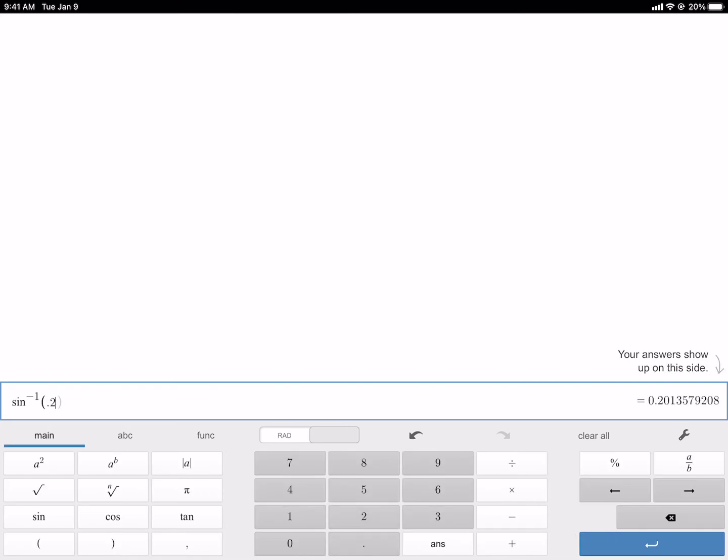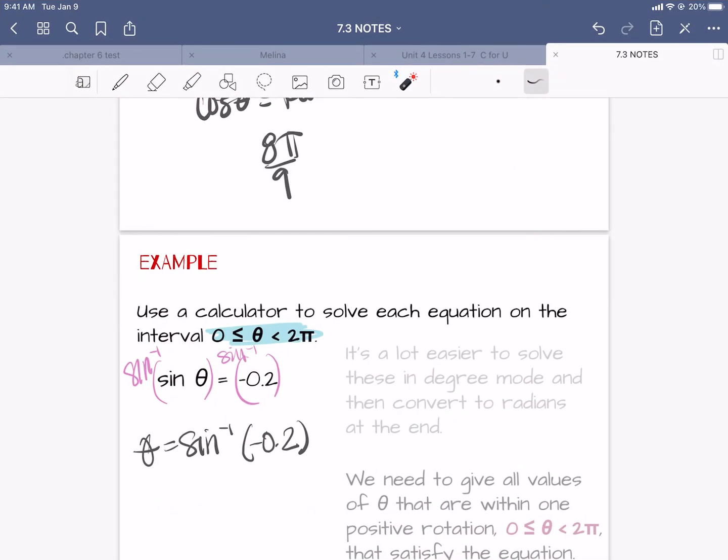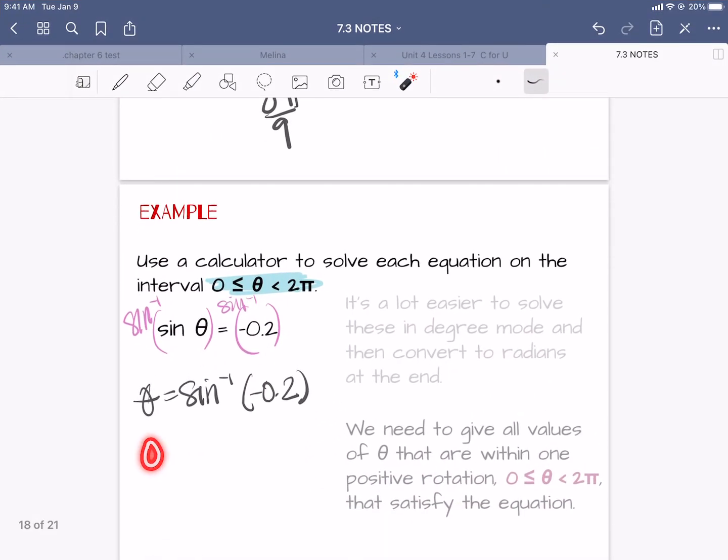And I have 0.2013. So I'm going to turn this decimal value into a degree measure. It's still going to be a decimal value. Maybe I better write it down. So my calculator just gave a decimal value of 0.2014.